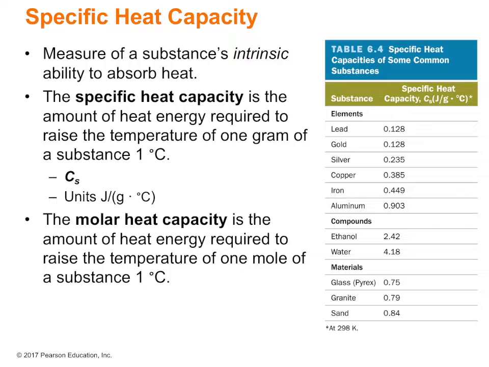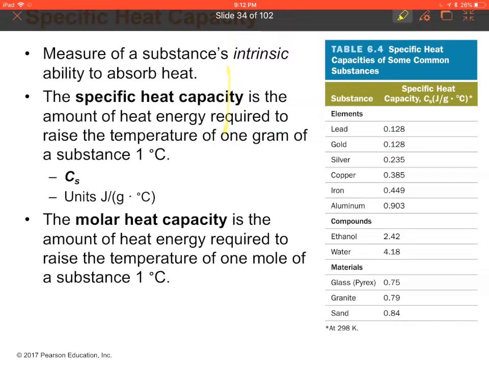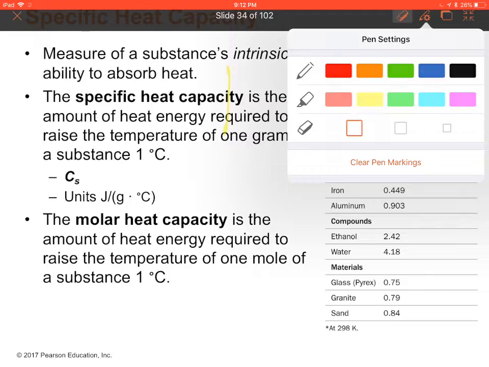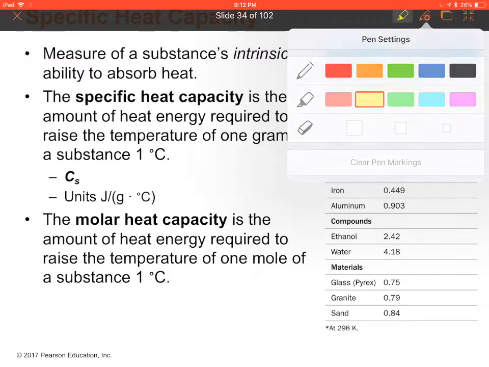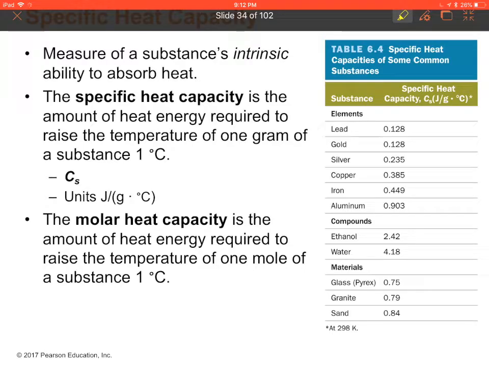Okay, so how much heat is it going to require to raise this temperature? Now, specific heat capacity is intrinsic. That means that it does not depend on the amount of substance present. It depends on what type of substance you have.